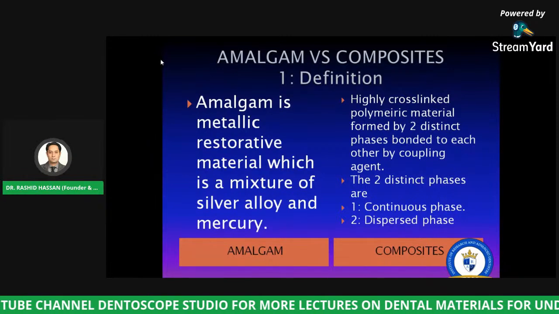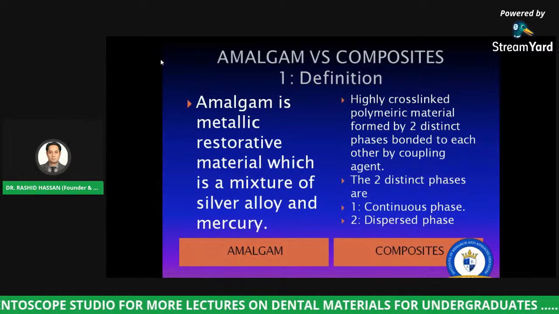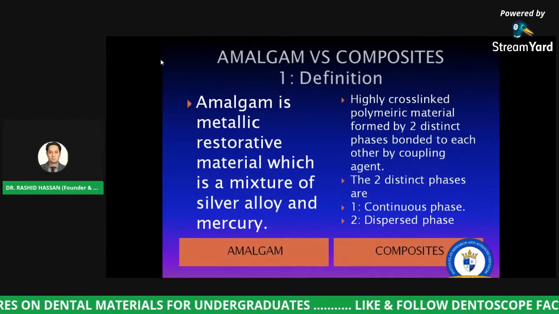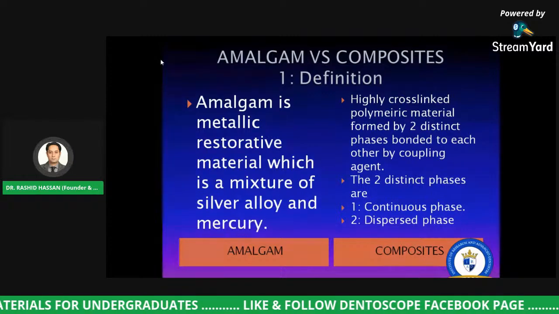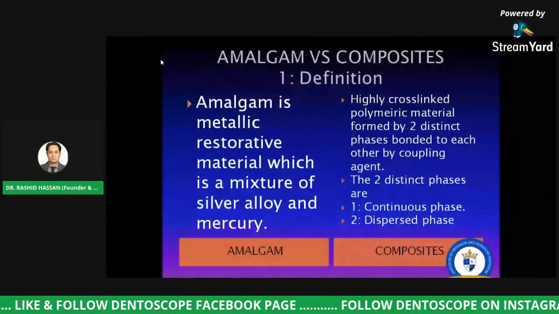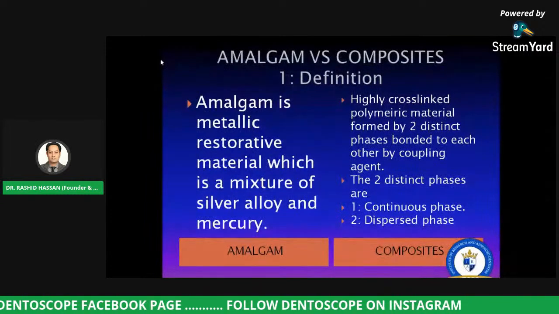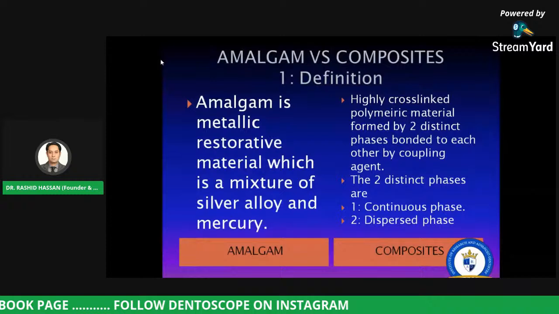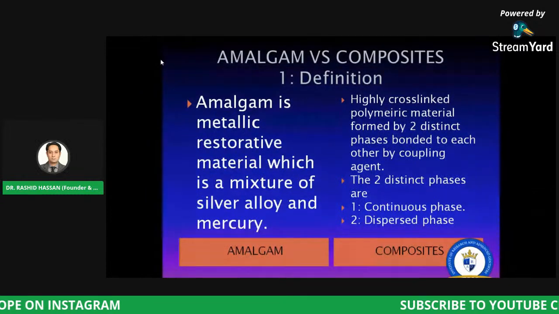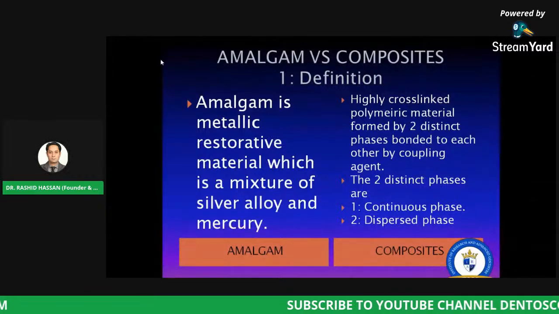We are all familiar with the fact that mercury is liquid at room temperature. So it is a combination of silver alloy, which has all the other elements as well, which we are going to see in the coming slides, and the mercury. Both these combine to give us dental amalgam.